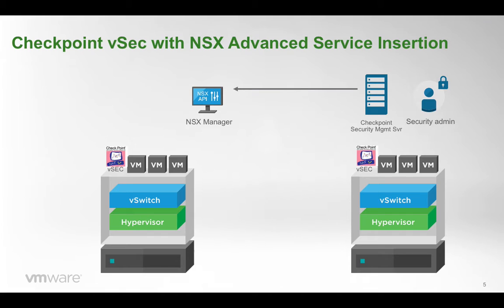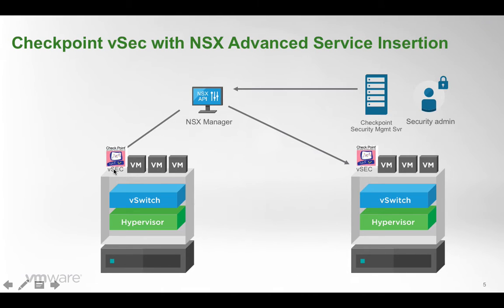Once you integrate the Checkpoint security management server with NSX, this Checkpoint service VM is spun off on every host. When you create redirection policies in NSX, the traffic from the VM will be redirected to the Checkpoint vSEC VM.